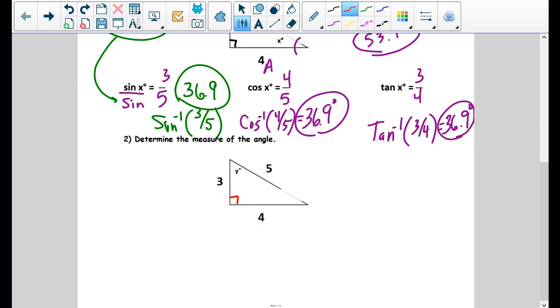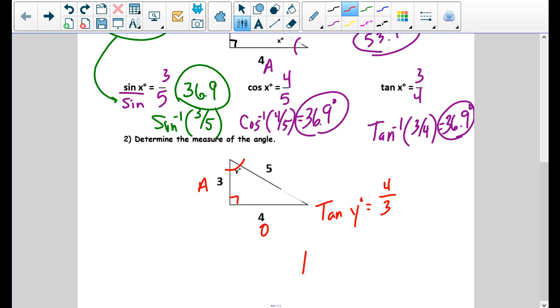Well, what if I want to find y? So if I'm looking here, here's my y. What sides do we want to use? 3 and 4. So if we're using 3 and 4, let's label them. 3 is my what and 4 is my what? 3 is my adjacent, 4 is my opposite. So O and A uses what? Tan. So tangent of the angle measure equals opposite over adjacent.